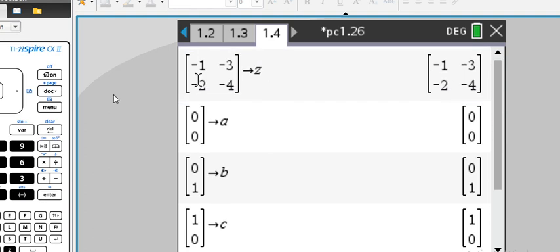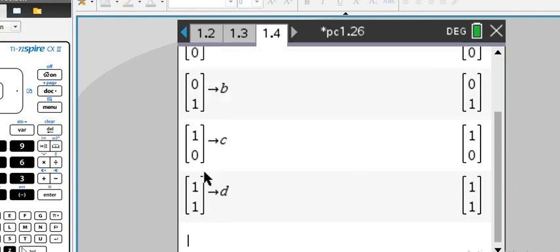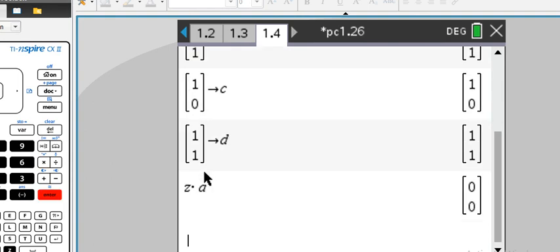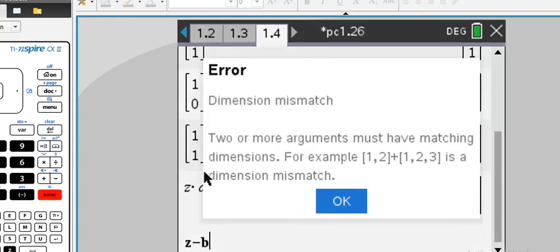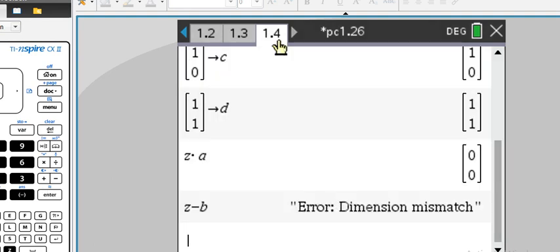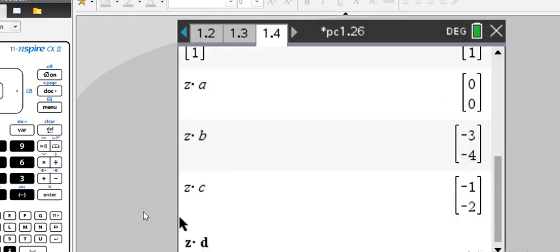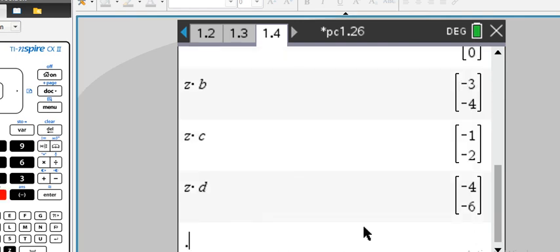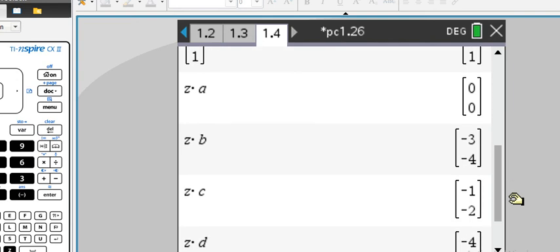Now I can perform this transformation on each point. So we start with Z times A, then Z times B, and eventually we get to Z times D. And there are the points that we're going to plot.